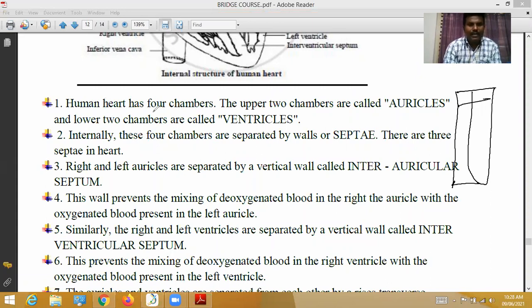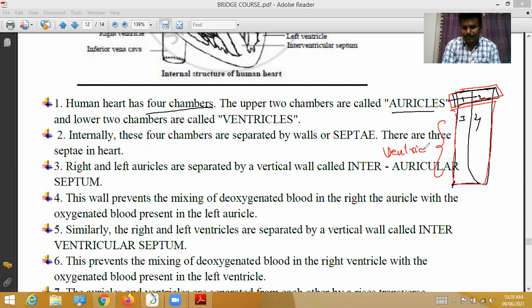First, the human heart has 4 chambers: 1, 2, 3, 4. The upper 2 chambers are called auricles. The lower 2 chambers are called ventricles.